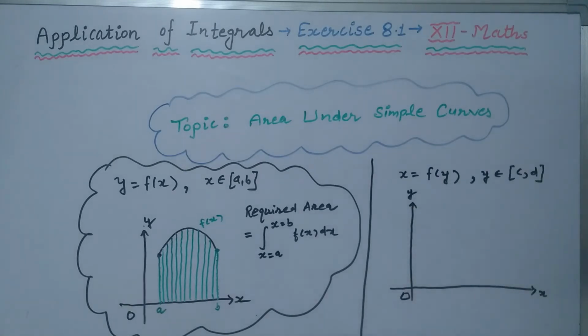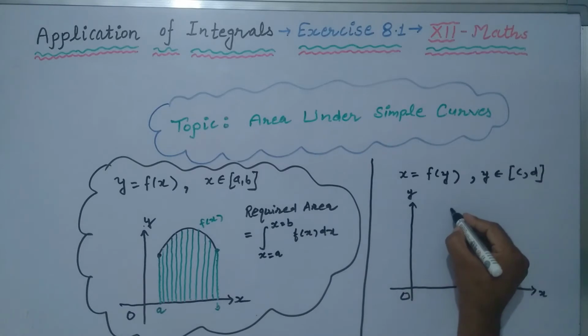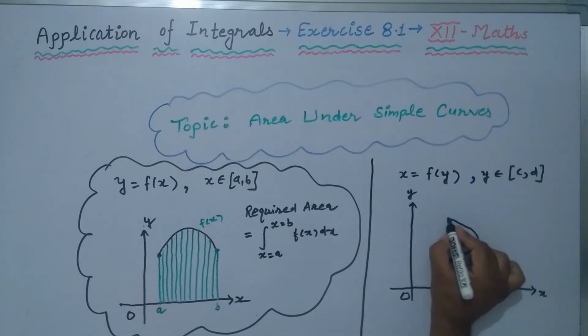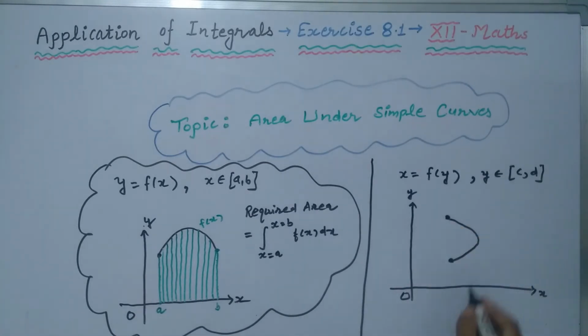This is origin O. But here the curve is like this. Here the initial point is this and the terminal point of the curve is this. Name of the curve is f of y.